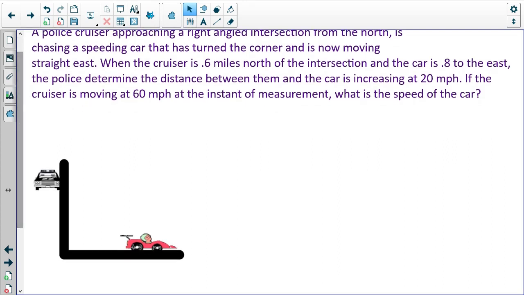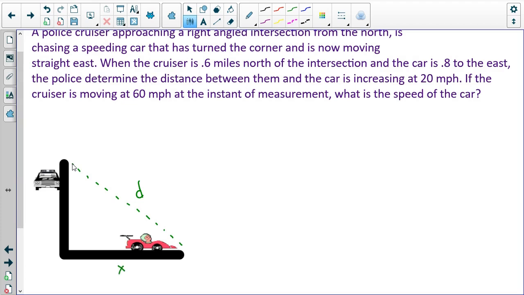Fortunately, we already have a picture for this problem, with a helpful figure that looks like a baby or something driving this car. But we want to find out the speed of the car. So what we're actually trying to find here is the rate of the car, and we're given a bunch of information.